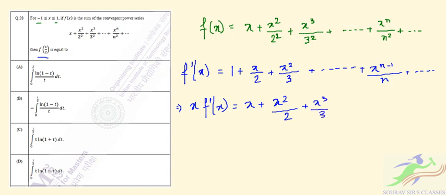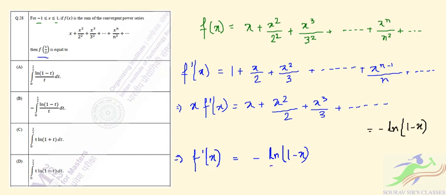It is nothing but the minus of ln 1 minus x, right? So after simplifying, we can write f prime x is equal to minus of ln 1 minus x by x, right?